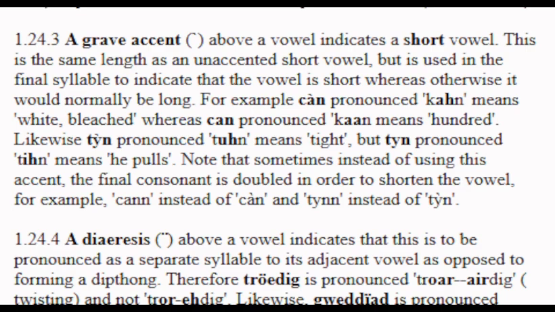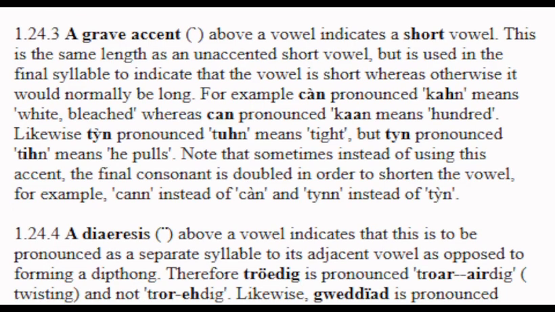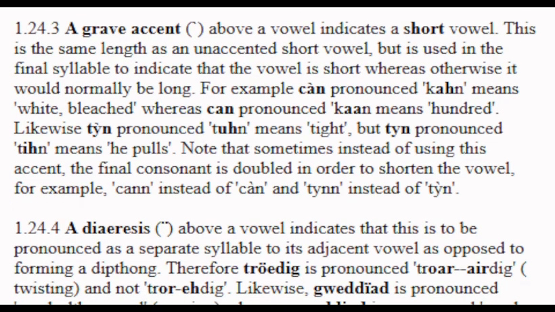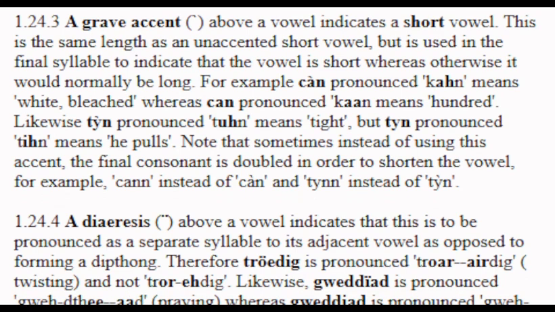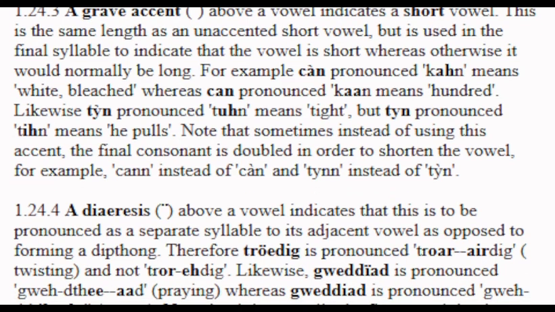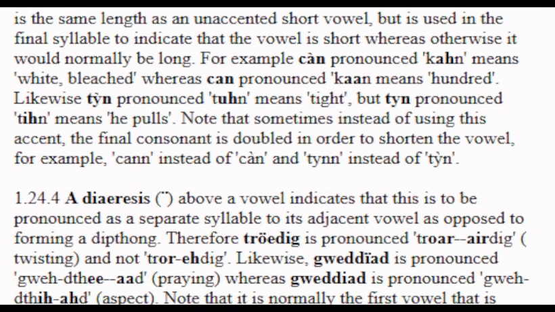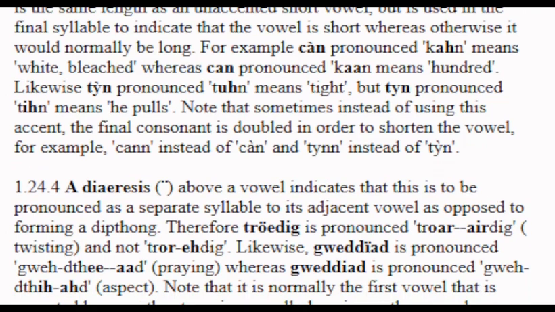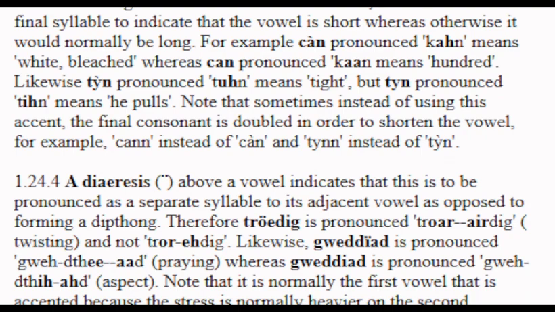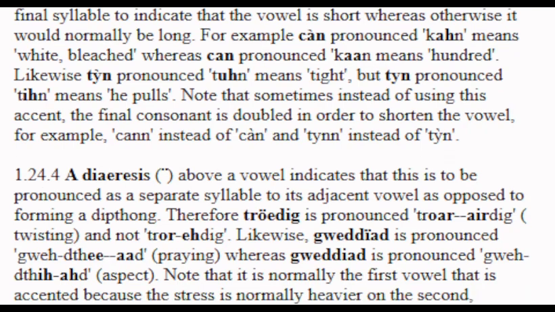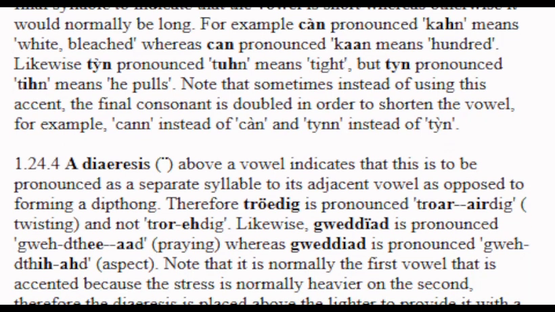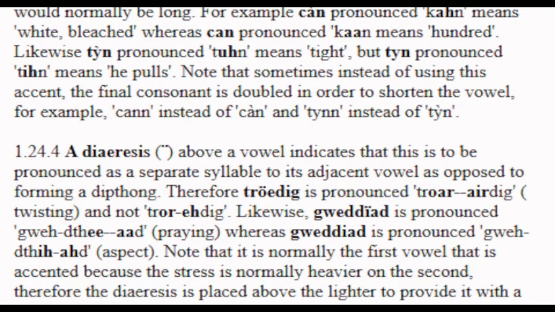Likewise, turn, pronounced turn, means tight, but tin, pronounced tin, means he pulls. Note that sometimes, instead of using this accent, the final consonant is doubled in order to shorten the vowel. For example, can instead of can, and turn instead of turn.